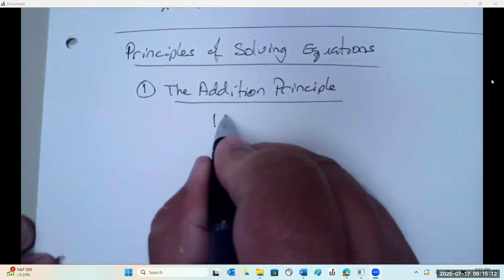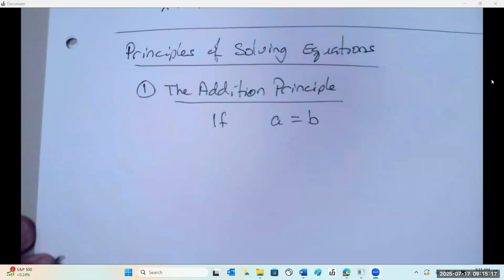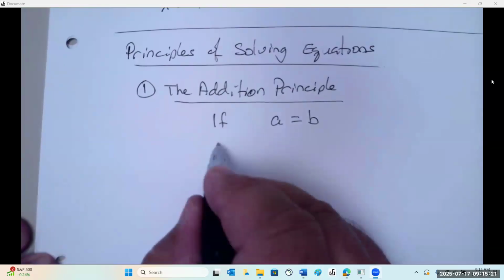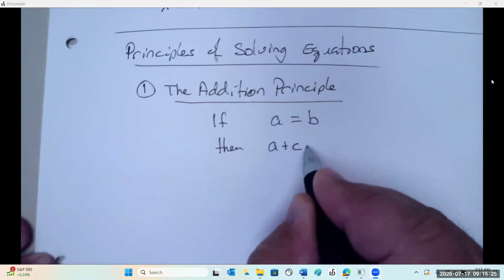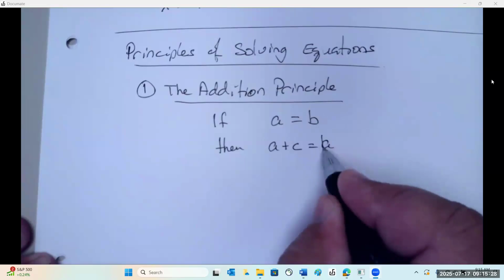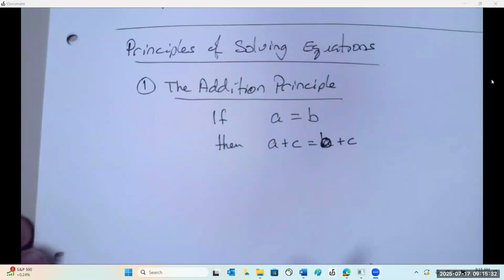What it says is this: if A equals B, then if I add the same value to both sides, they're still equal.